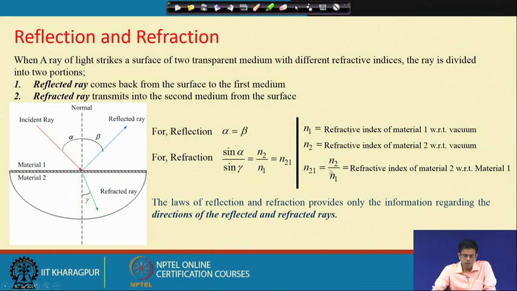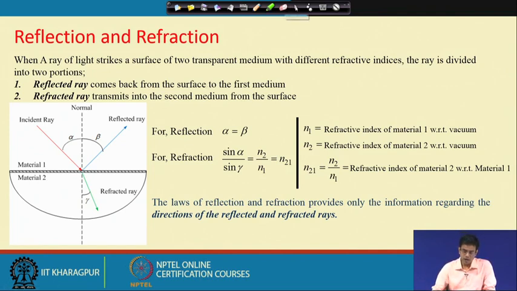So, n21 is the ratio n2 by n1, or the refractive index of material 2 with respect to material 1. The laws of reflection and refraction provide only information regarding the direction of the reflected and refracted rays. So, basically n1 and n2 are the medium properties which affect how the light reflects and refracts in a medium.